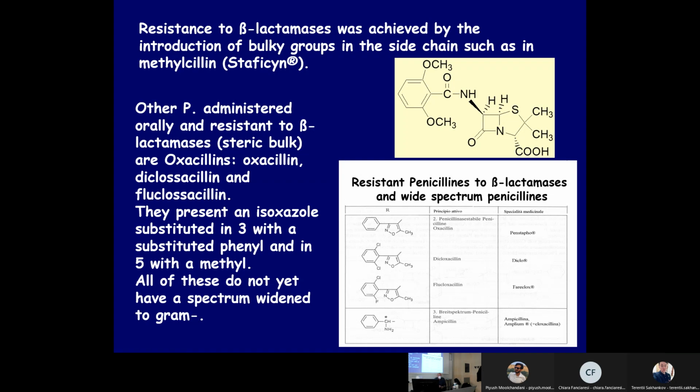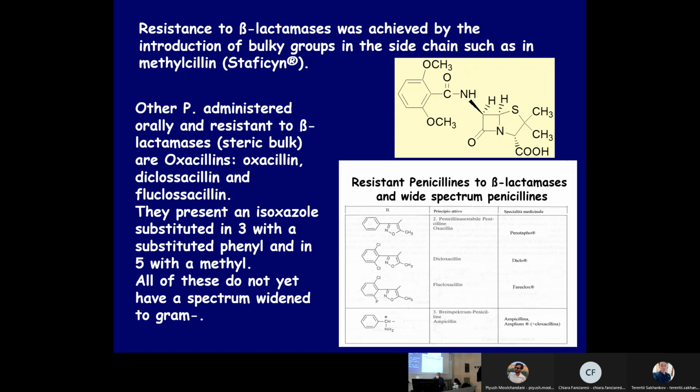Why? Because in that time they tried to find a way to stabilize our penicillins to the activity of beta-lactamases. But why bulky groups on the aromatic ring?